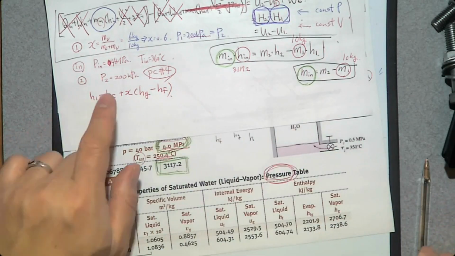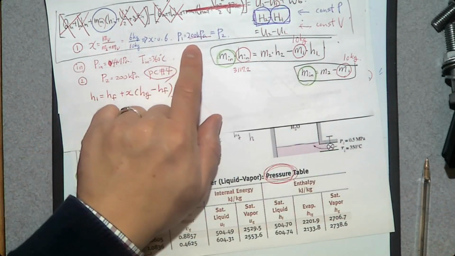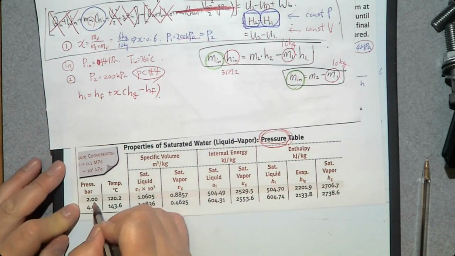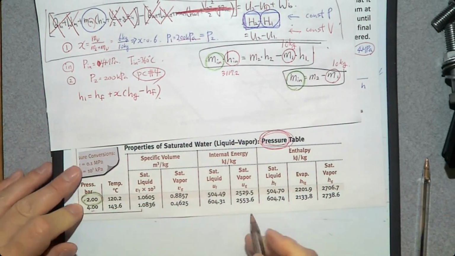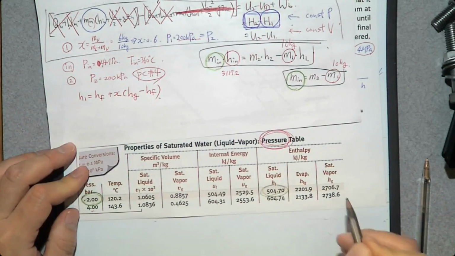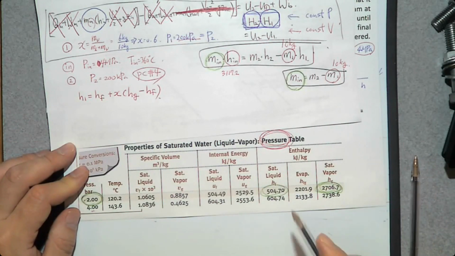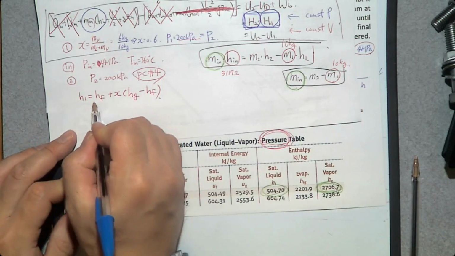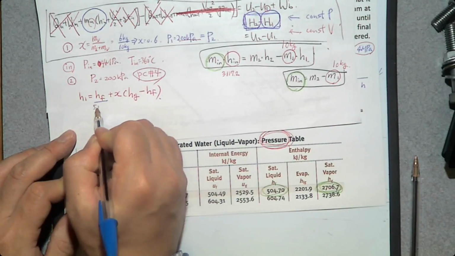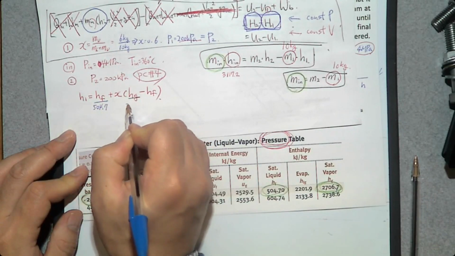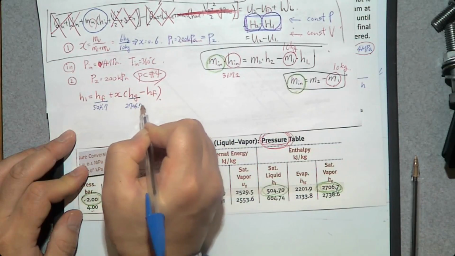Where can you find Hf and Hg? From this pressure. So let's go to the pressure table. At 200 kilopascal, Hf is this number, Hg is this number. So let me write these two values here. Hf is 504.7. Hg is 2706.7.